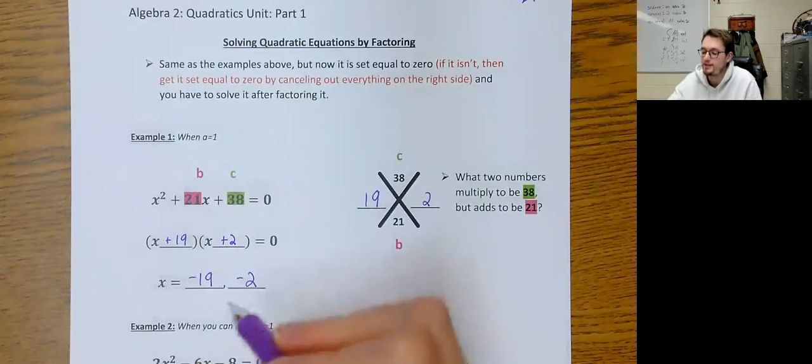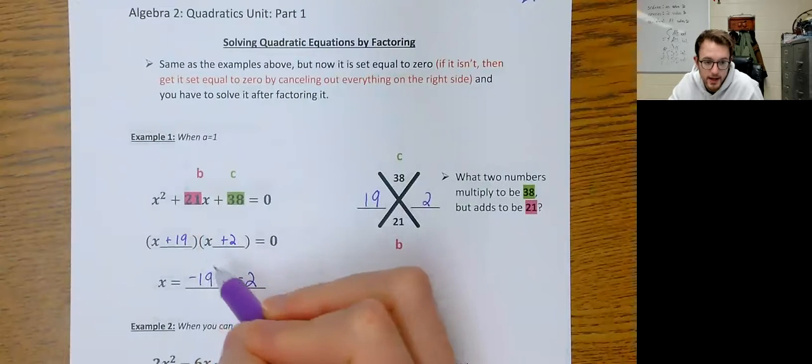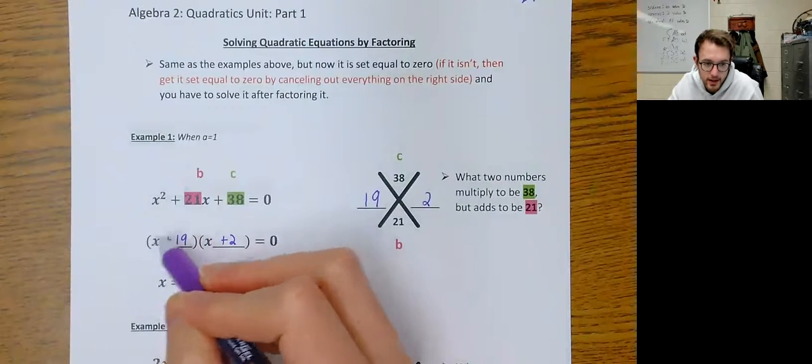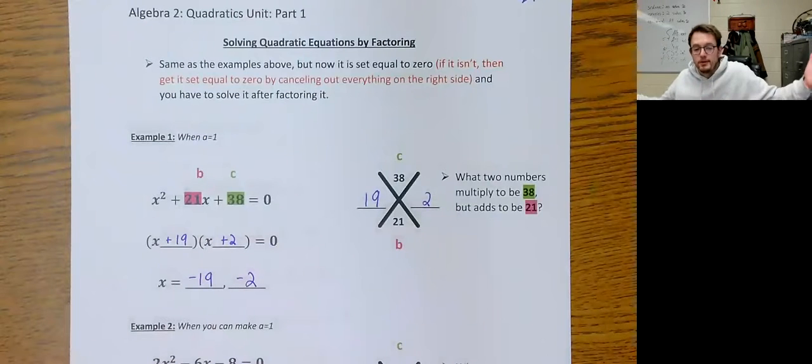If I plug in negative 2, I will get 0. If I plug in negative 19, I will get 0 because I'll get 0 here, and 0 times this is 0 because 0 times anything is 0. And remember, the solutions are also the x-intercepts.